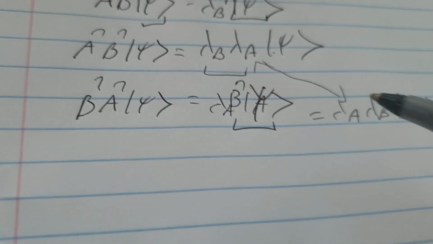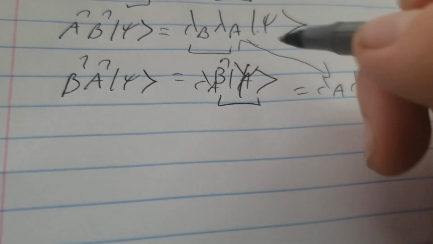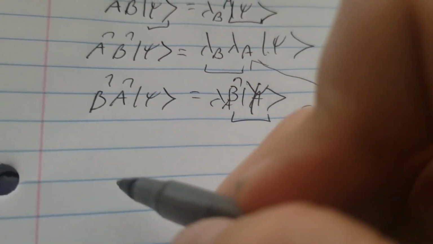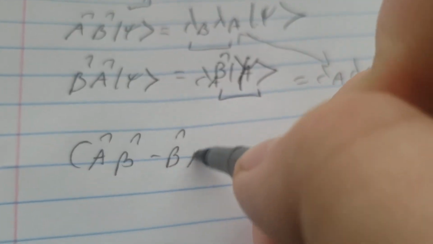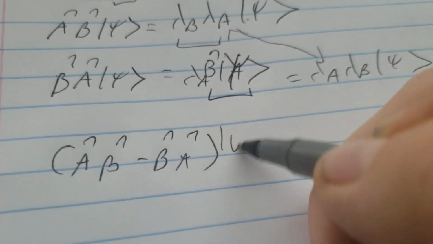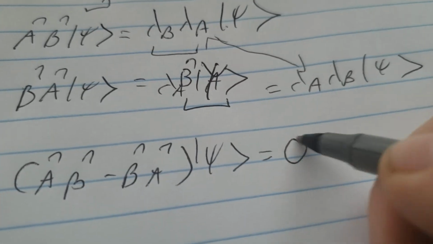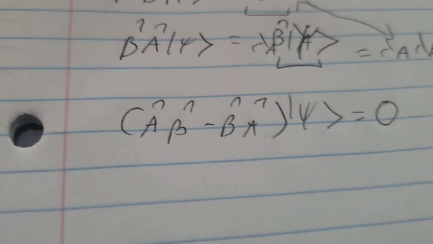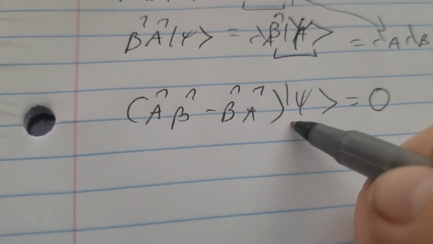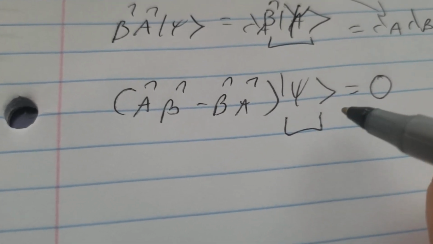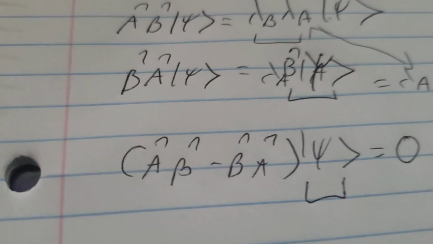Well, let's subtract both sides of these equations. These are the exact same. So you get A hat B hat minus B hat A hat times psi equals 0. Well, we know our state's not 0. That would be redundant. That wouldn't be very fun.